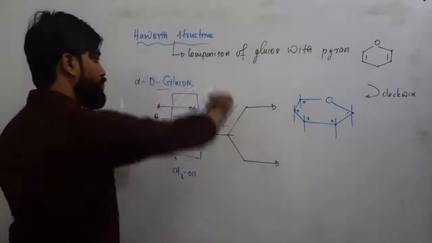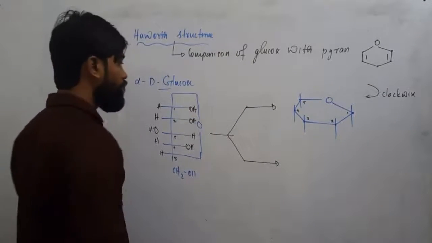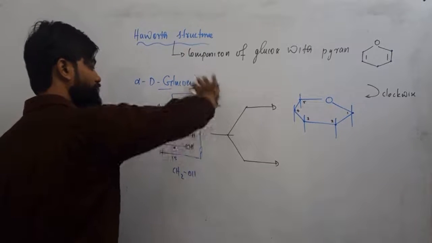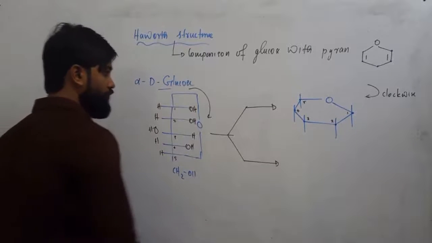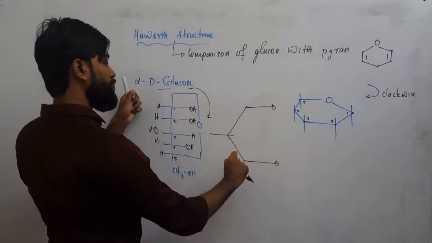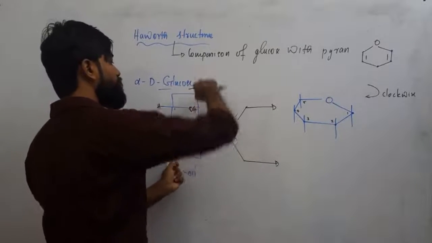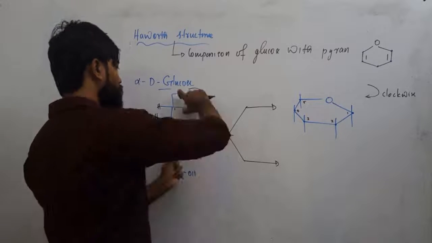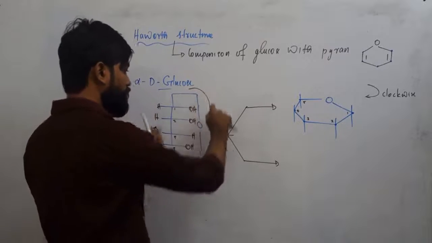So turn the molecule clockwise, or consider the valencies in the clockwise direction. Simply turn the molecule clockwise, so that the valencies arranged on the right side will be on the bottom side.